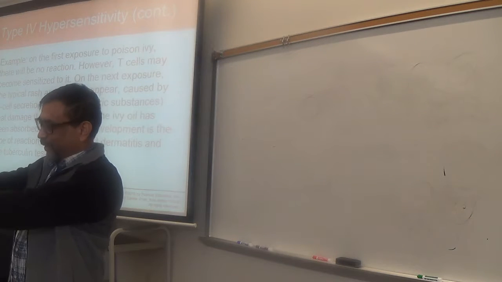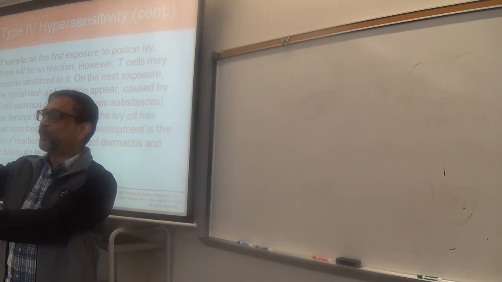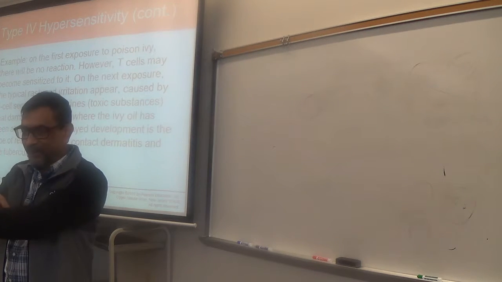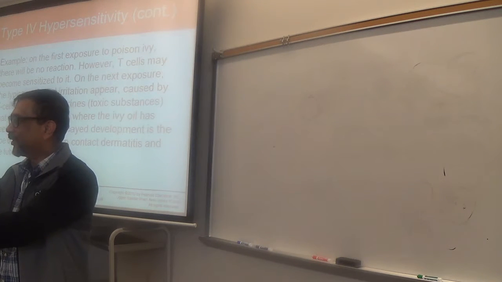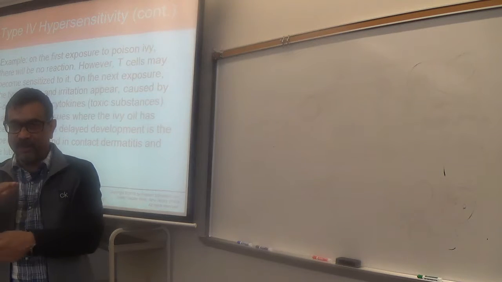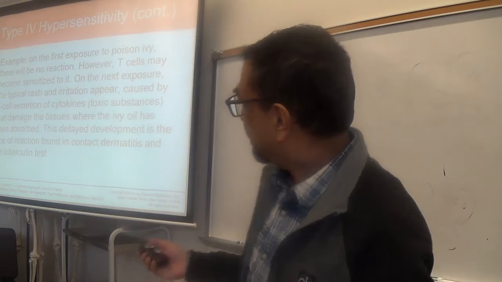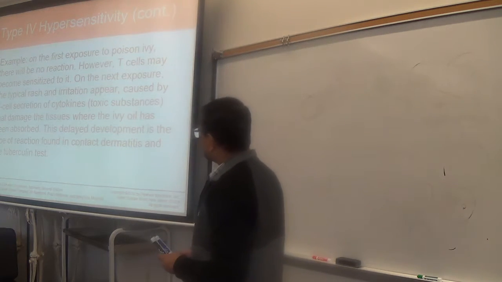They inject the antigen, right, and ask you to wait 24 hours and go back to them. Then they will check if your skin showed a response, right? It develops slowly, and that is type 4, an example of type 4 hypersensitivity.